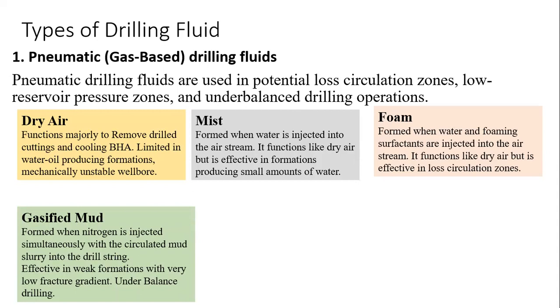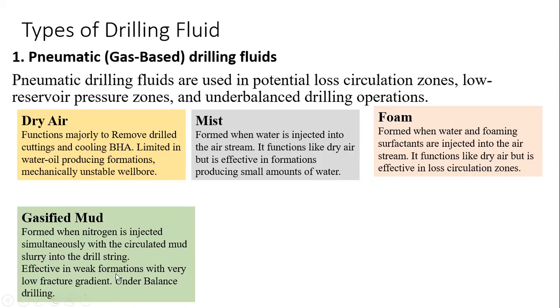This type has more water or more oil in it. So you inject either nitrogen, normal air, or a certain form of gas into the water-based drilling fluid, and you get a gasified mud.